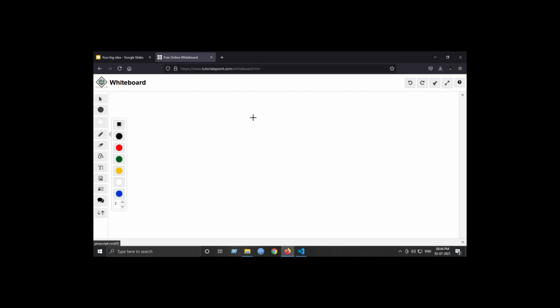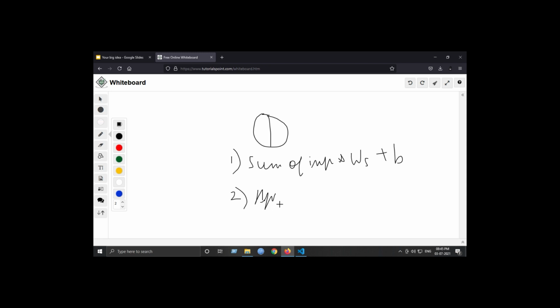So to summarize, each neuron has two functions. One, summation of inputs and weights. Second, add the bias value, and then apply the activation function.